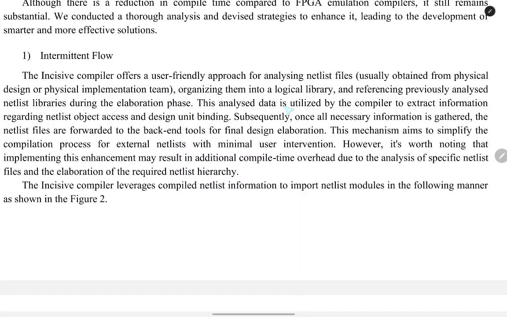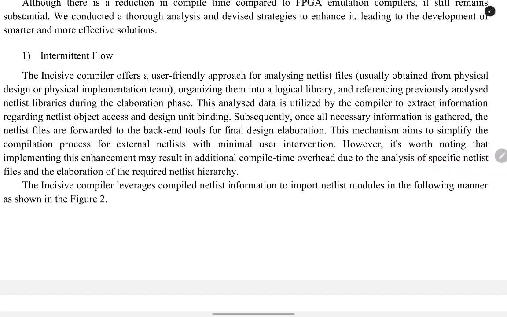This analyzed data is utilized by the compiler to extract information regarding netlist object access and design unit binding. Subsequently, once all necessary information is gathered, the netlist files are forwarded to the backend tools and the final design elaboration. This mechanism aims to simplify the compilation process for external netlists with minimal user intervention.